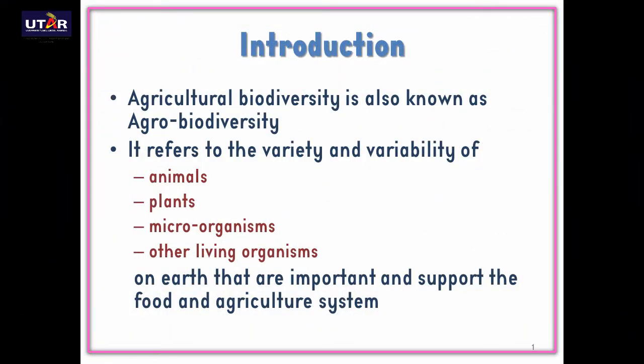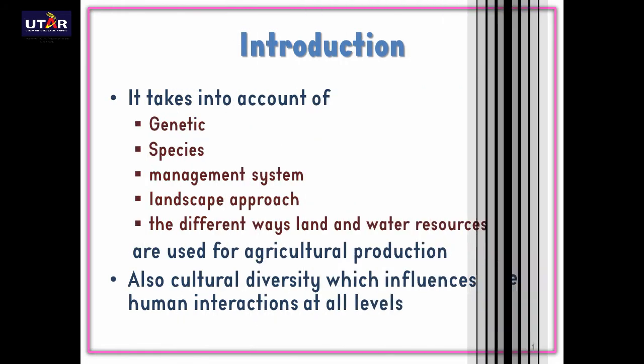Agricultural biodiversity is also known as agrobiodiversity. It refers to the variety and variability of animals, plants, and microorganisms and other living organisms on Earth that are important and support the food and agricultural system.